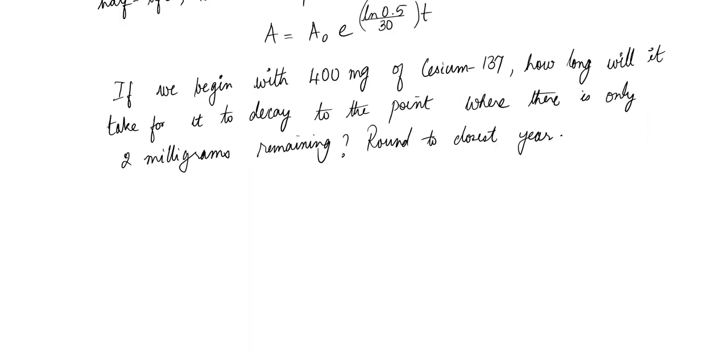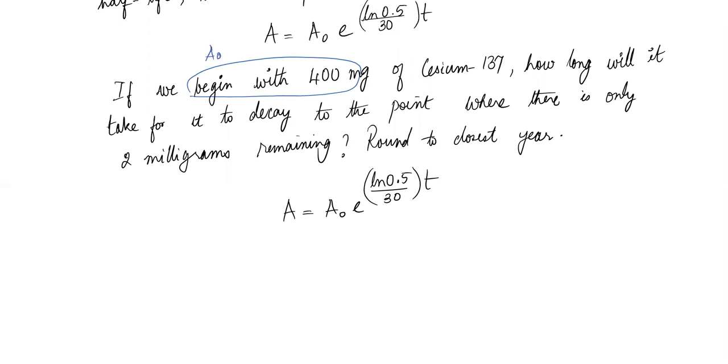Okay. A equals A naught e power ln 0.5 over 30 t. And they've given us that we begin with 400, so you know this language here tells you that it's the initial A naught. And how long will it take? How long is finding t, where it's decayed to the point where only 2 milligrams is remaining.